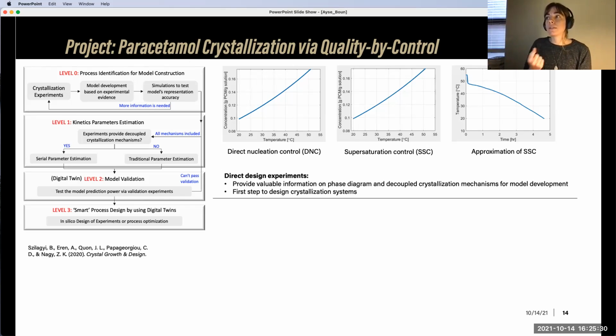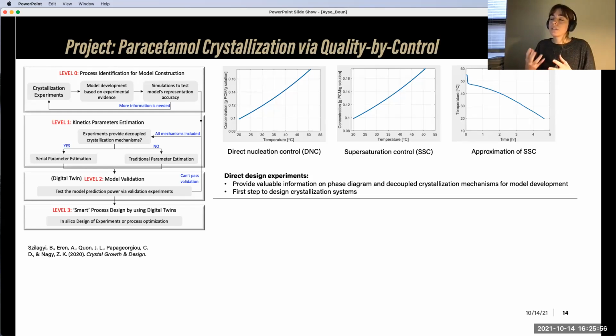These are called direct design experiments, namely direct nucleation control and supersaturation control. In these experiments, we use the tools that I showed you in a control loop as the detectors, and then we put a set point for both crystal count and supersaturation to do these experiments, and we collect data and plot them in a certain way to understand what's happening in the system.